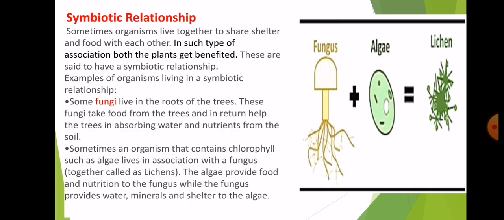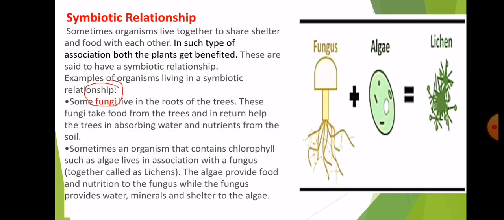Understand? Now the example is some fungi which live in the roots of trees. Now what happens? The fungi take food from the tree. Now in return, what is the fungi giving to the tree?